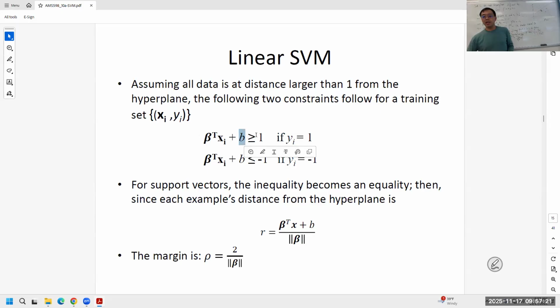So basically, we define the constraint beta transpose xi plus b bigger than or equal to 1, or less than or equal to -1. If beta and b do not satisfy this, we can scale them up or down, so this is perfectly fine by making this assumption. I assume all data is at distance larger than 1.